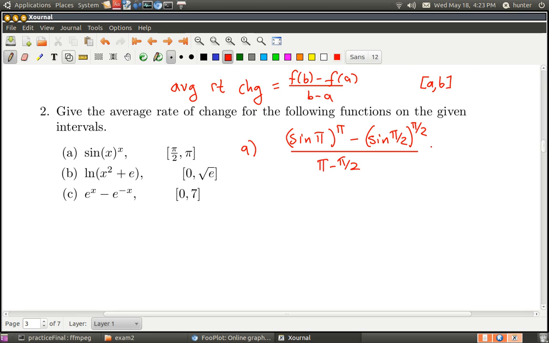Alright, and so you know that sine of pi, since sine is the y-coordinate, and over on the unit circle, pi is on the x-axis, so this is going to be 0 to the pi minus, what is this? Sine of pi over 2 is 1, right? So 1 to the pi over 2. And pi minus pi over 2 is otherwise known as pi over 2. And so what is all this going to be?